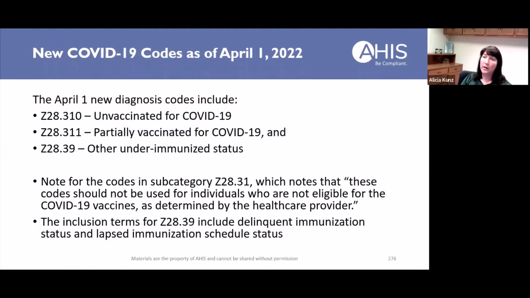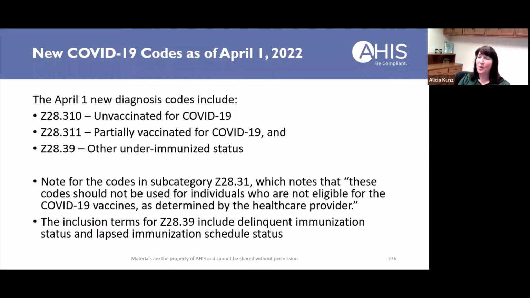Remember, I was telling you earlier, we have some new codes, but these ones aren't available for use until April 1. We now have some codes for vaccination status for our residents. Z28.310 unvaccinated for COVID-19. Then we have Z28.311 partially vaccinated and Z28.39 under immunized status.